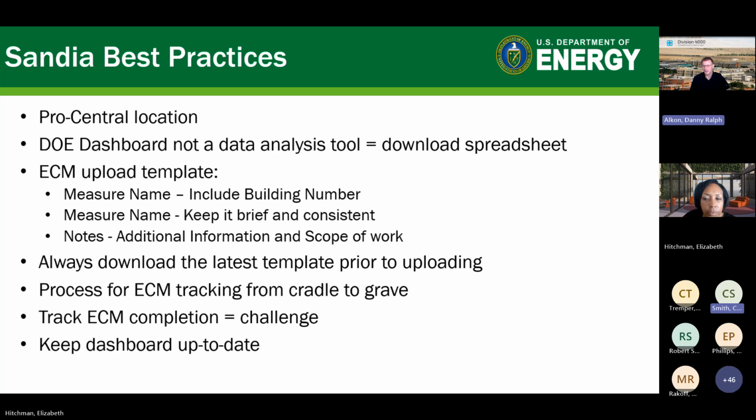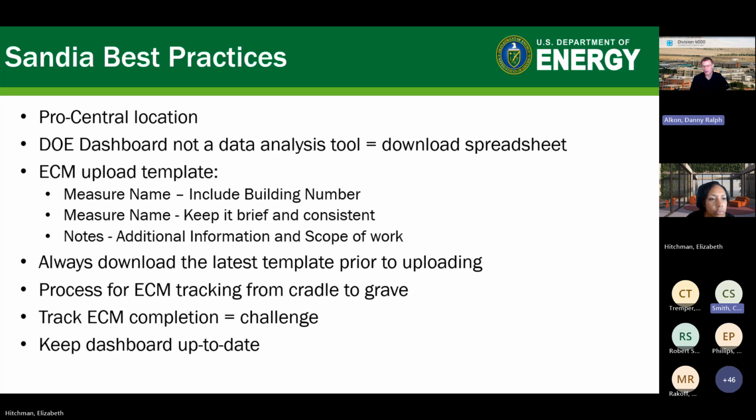You're better off downloading the template and using an Excel spreadsheet to do the analytics. And then another recommendation is the measure name including the building number. That has been really important for us. And then also keeping the measure name brief and consistent from ECM to ECM. And then adding notes on the scope of work at the end is very helpful.